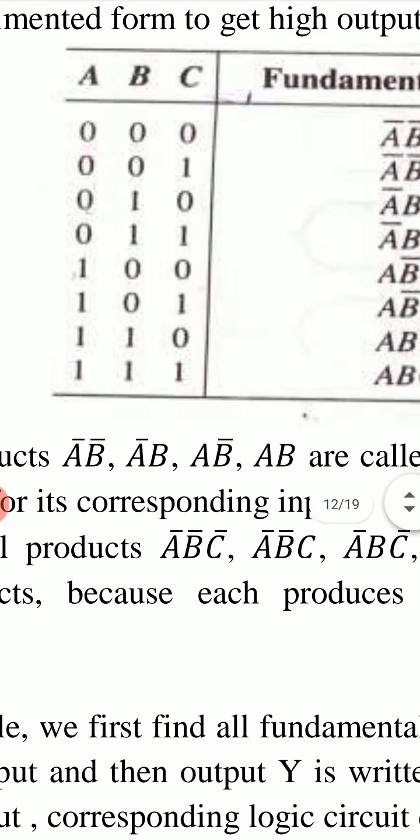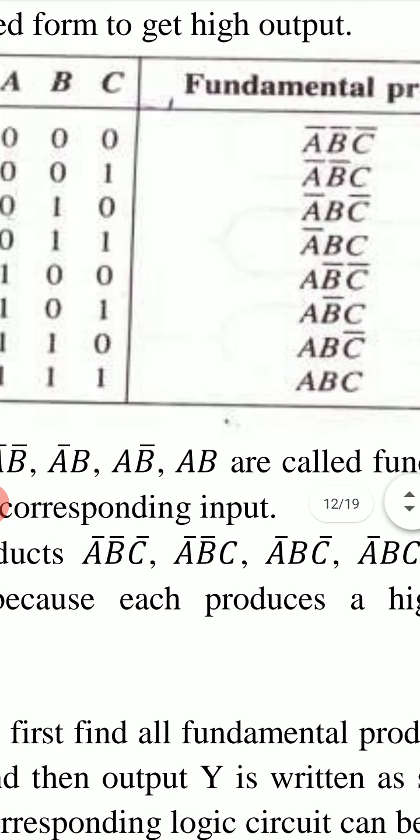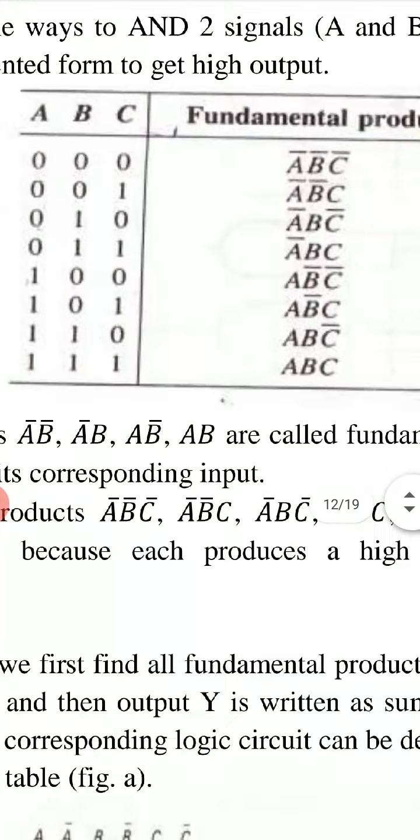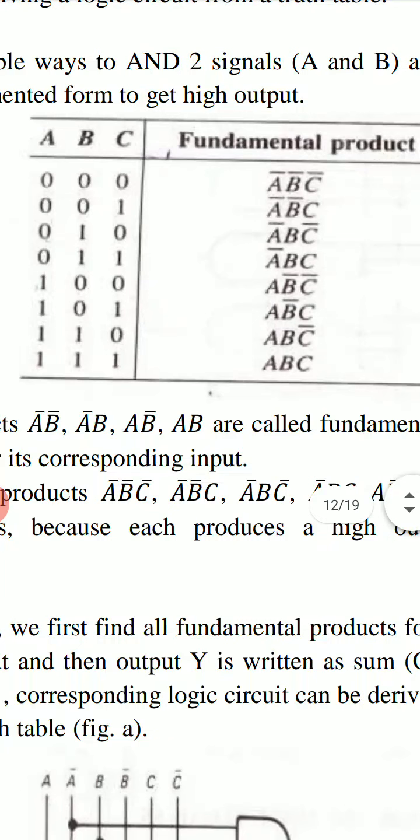Similarly, we can find fundamental products for three inputs A, B and C. These fundamental products are shown in this table for three inputs A, B and C. When inputs are 3, then possible combinations are 2 to the power 3, that is equal to 8. So these 8 combinations are possible and corresponding fundamental products are shown in this table.